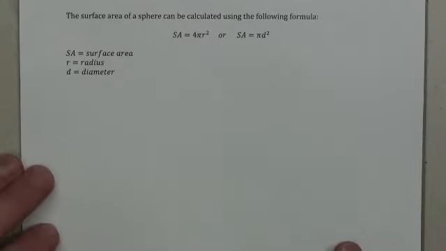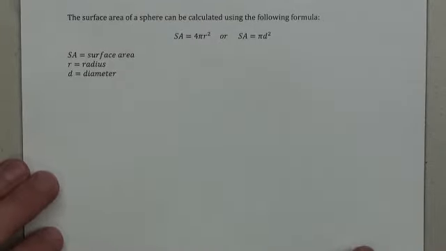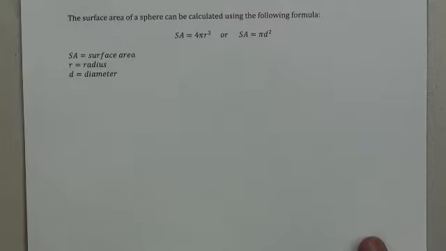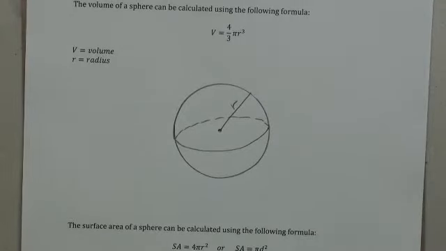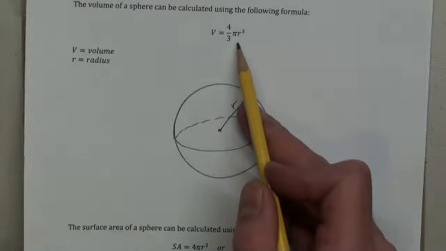Let's go to the surface area part. The surface area of a sphere can be calculated using the following formula. Now let me just check something. So the volume is 4/3 pi r cubed. The only thing we care about is the r in this problem, and it's cubed.